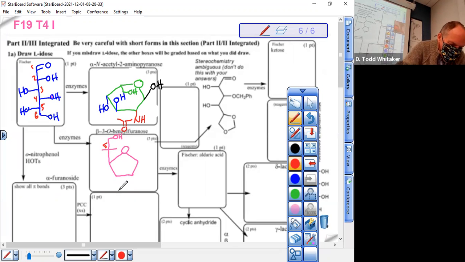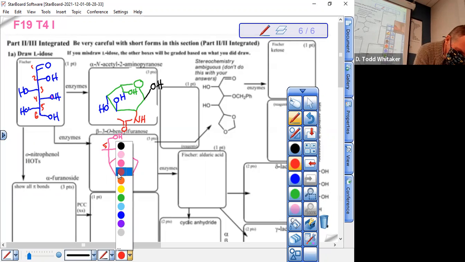Now, if you rotated it, you get two ways to think about this. Is the OH still on the left after you rotated it, or is it on the right? I don't know. I know if it was S before, it better be S now. And it was not R before, so it was S. And it better be S now, so it goes 1, 2, 3, R. Hey, it's on the right now.